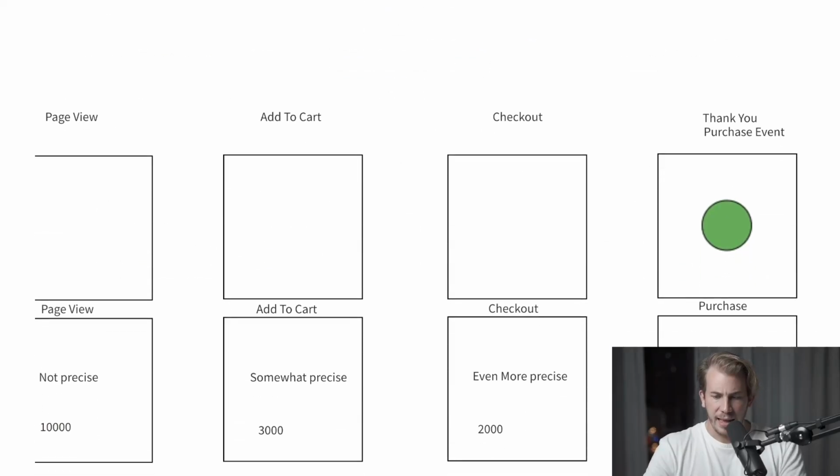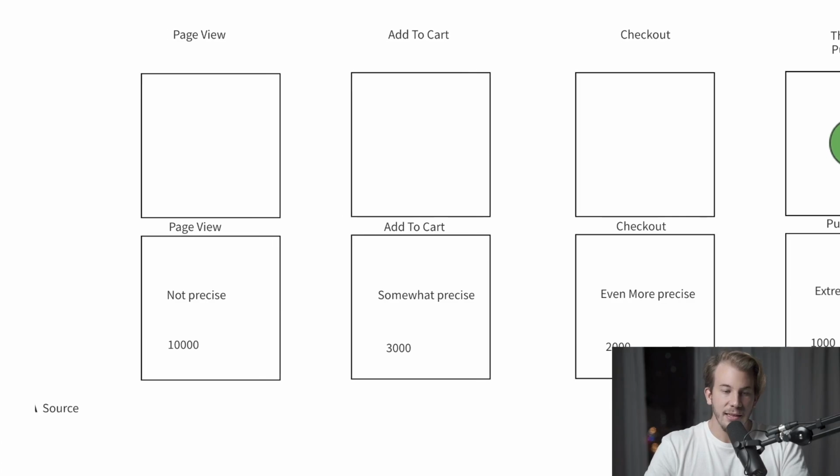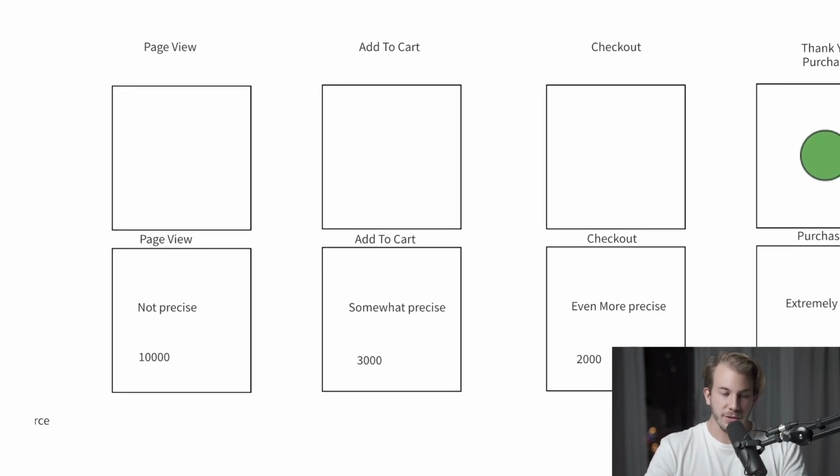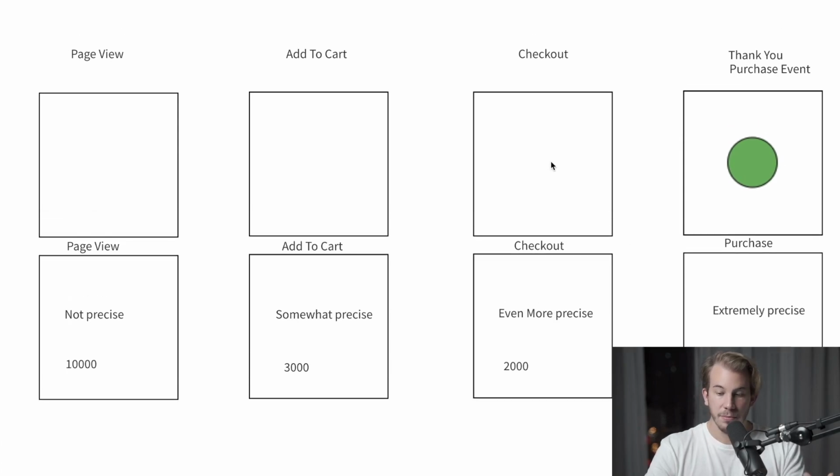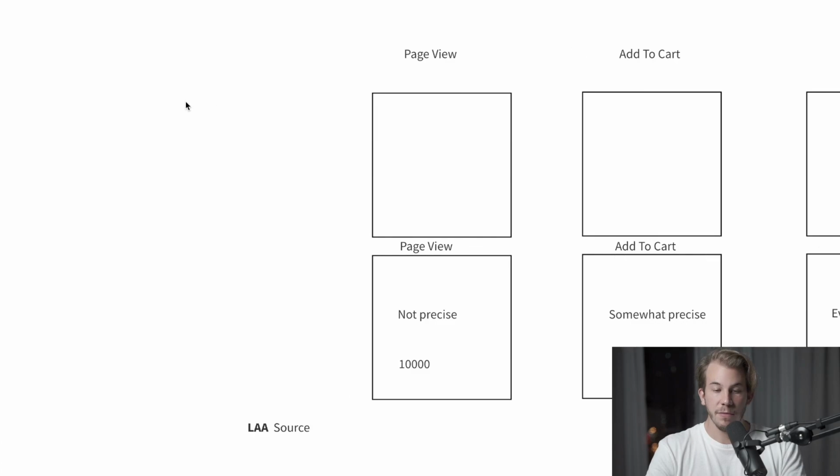And so the logic basically looks like this. Just as an example, we have an e-commerce business here. The 4 most important events are page view, add to cart, checkout, and the thank you page, which is a purchase event. Even prior to page view, you could have like the video view event.